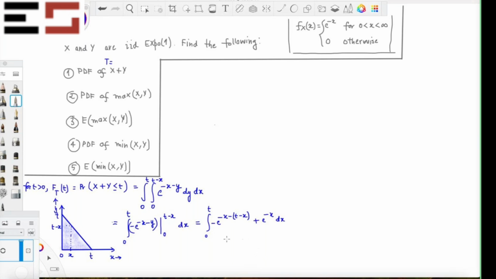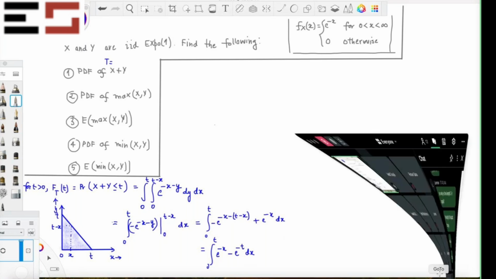The minus x plus x cancels, and you will get this. Yes or no?